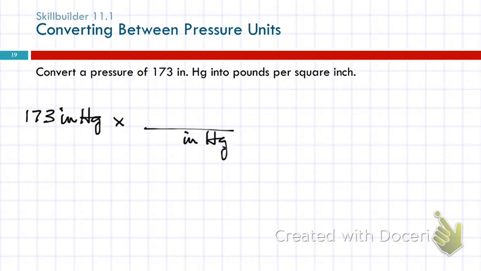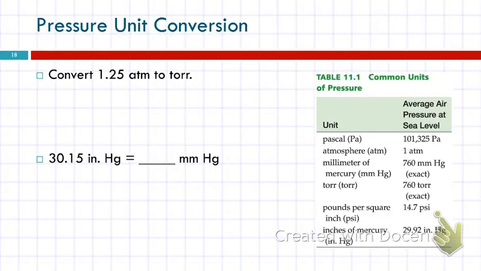Pounds per square inch is PSI. That's what the PSI stands for. We go back to our table here, pounds per square inch. So 14.7 PSI and 29.92 inches of mercury.